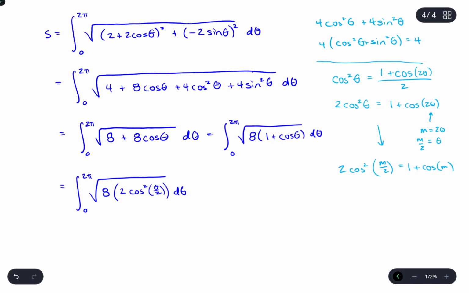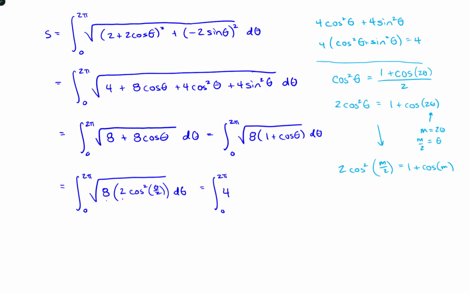Now, a couple of things are really nice that just happened here. First off, I have this factor of 8 and a factor of 2, which are going to multiply to 16. And those are perfect squares, which is great. It's not necessary, but it's really nice because that means I have an integer on the outside of this integral. On the outside of the square root.